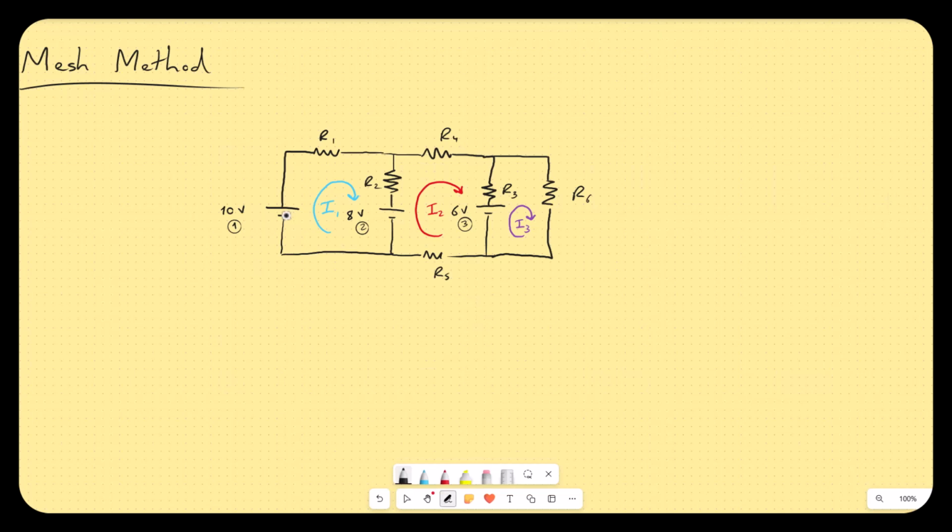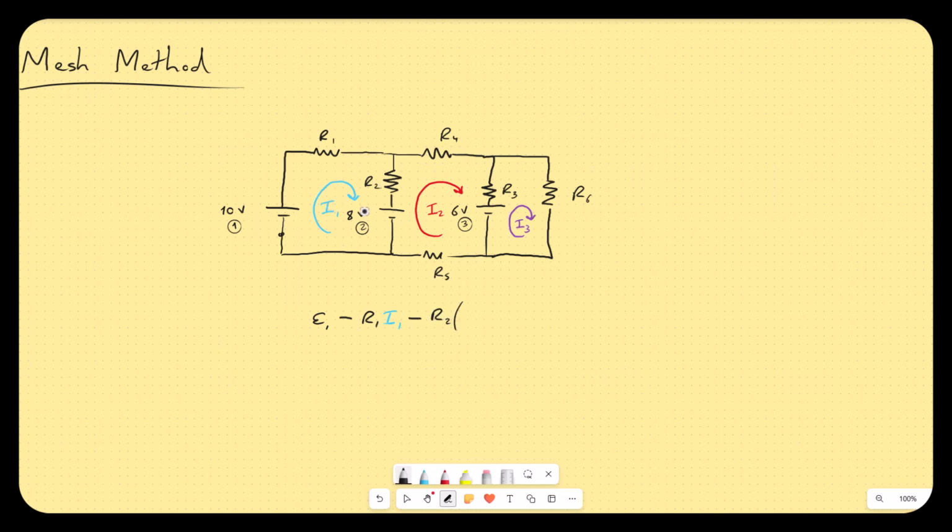So this first loop, I'm going to start here and work my way upward. I get E1, that's my first thing, minus, I'm going to get to this guy, that's an R1 times I1. Minus, then I get to R2.